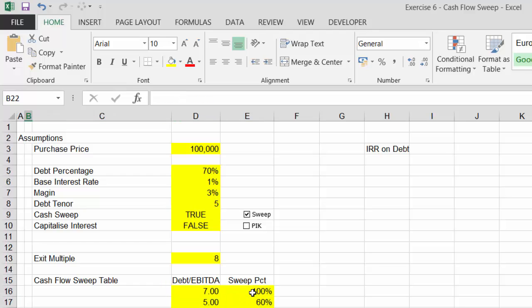And we also have a covenant that says if the DSCR gets below 1.3, you're not allowed to pay a dividend. That means we have some potential debt reserve accounts, and we have to put an interest rate in.